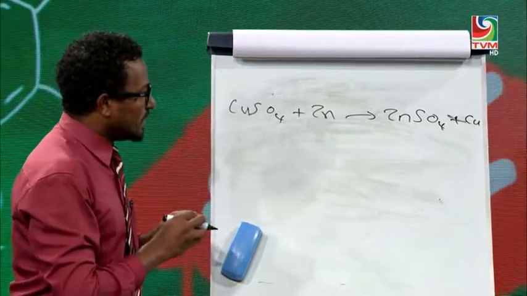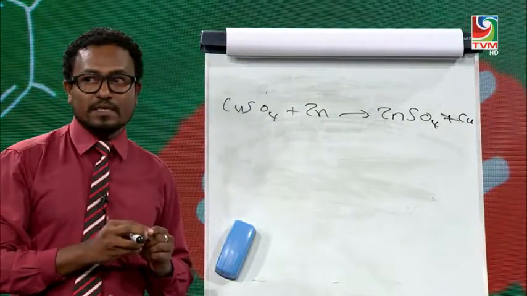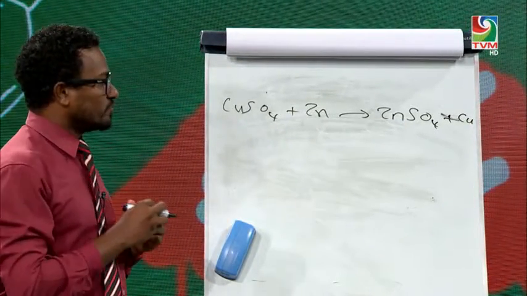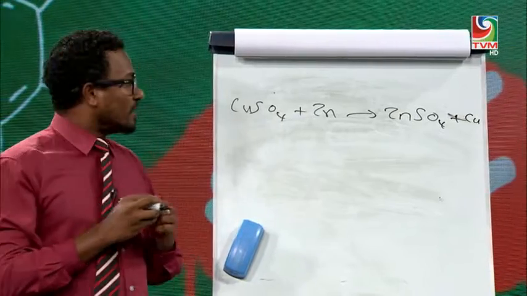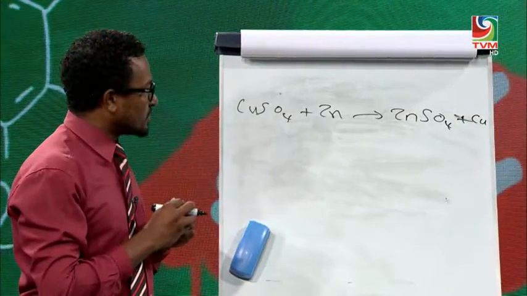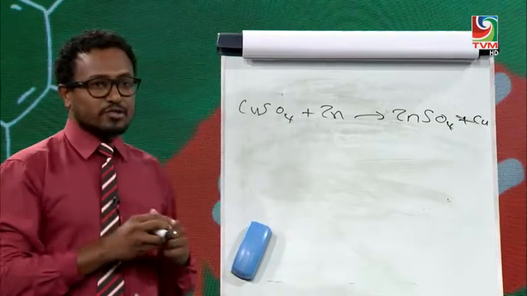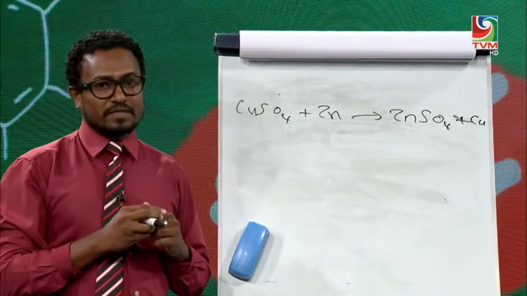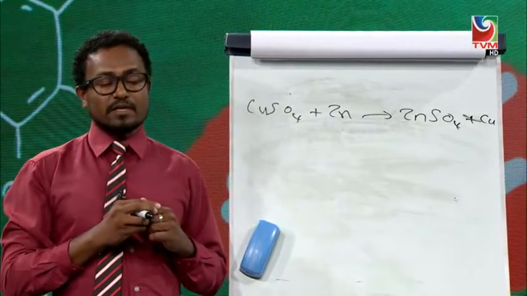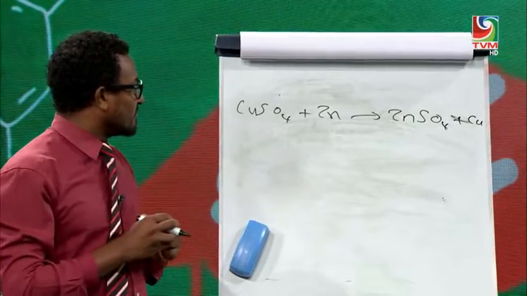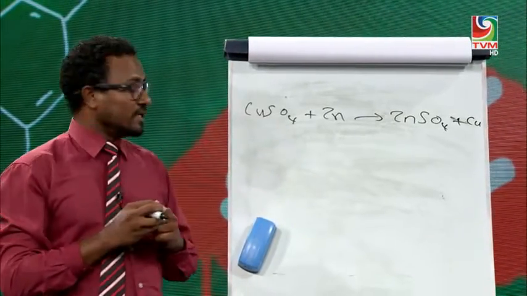So, what is the reducing agent in the reaction and what is the oxidizing agent? First, students should be able to know which substance is going through oxidation and which is going through reduction. The easiest way to identify this is to know the oxidation state of the element. In copper sulfate, what is the oxidation state of copper? That is 2+.